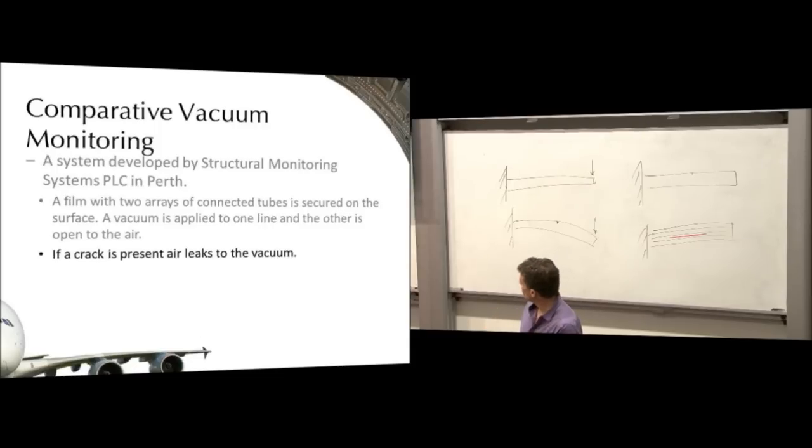And if there's a crack underneath, then it will link up a vacuum tube and an atmospheric tube, and you'll get a pressure change. So by the sensor you've put on the end, you can detect if there's a crack that's formed underneath the sticker.